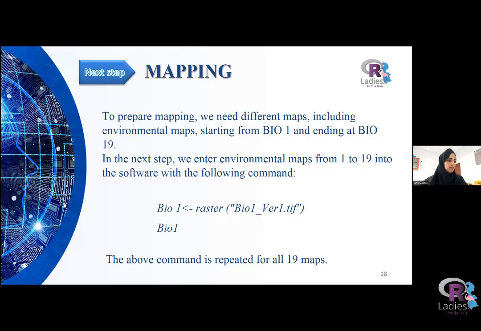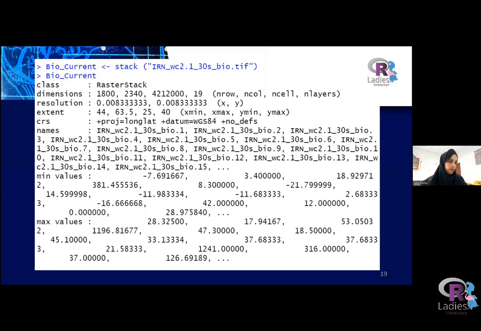The above command is repeated for all 19 maps. Maps of elevation, slope, and direction can help us reach the final map more accurately. Finally, with the stack command, all 19 layers are combined, and the next steps are performed.